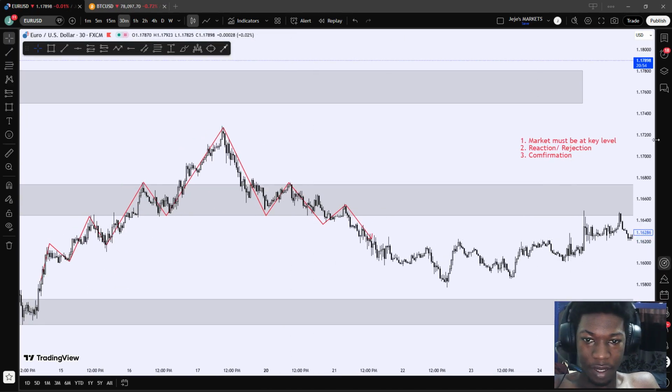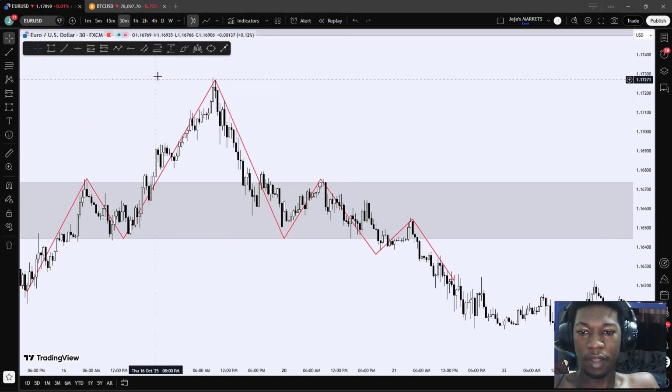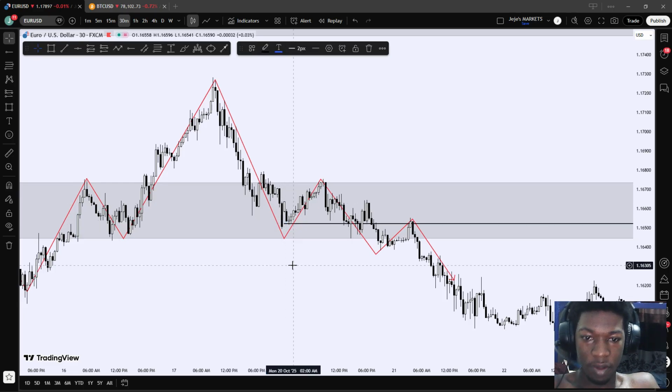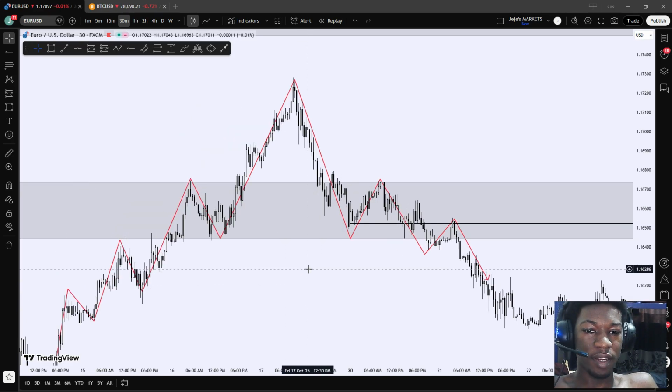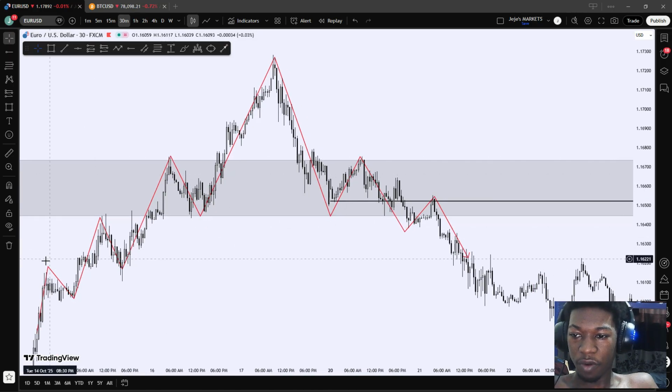So right here we can see that this is a retest, right? What you want is the market to close below this level right here for it to be considered a change of character. So this is a change of character. And this right here is break of structure, break of structure, break of structure.